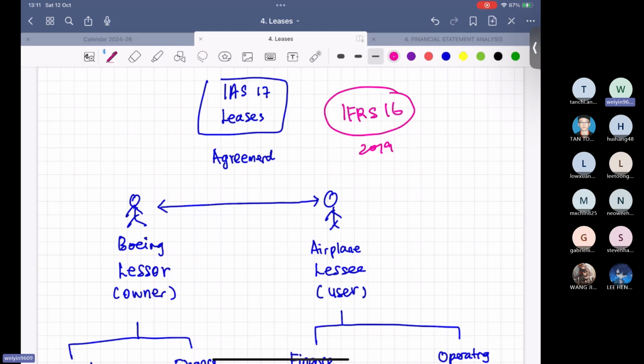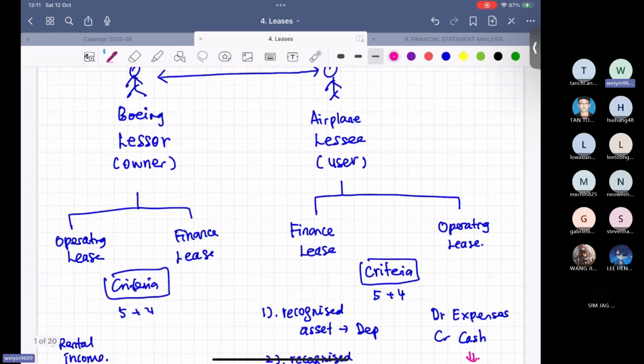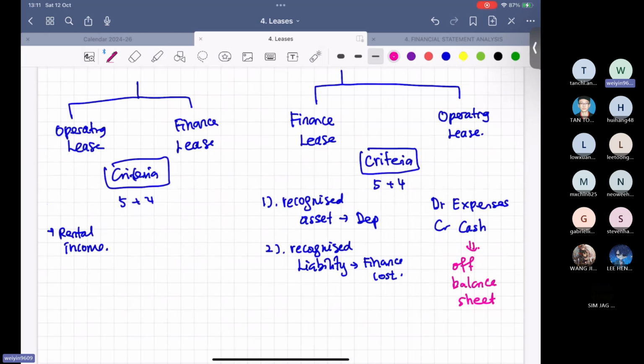So when this standard came in, because of the manipulations of the accounting, for the lessee company, you are not allowed to choose operating lease.